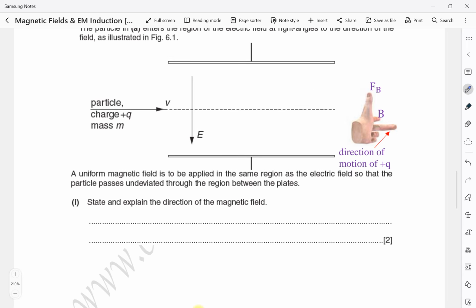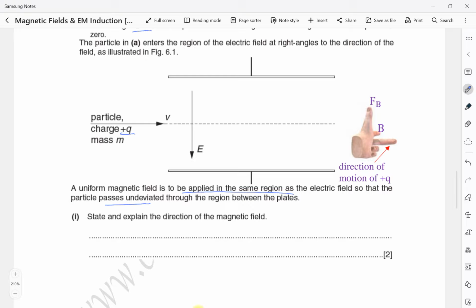A uniform magnetic field is to be applied in the same region as the electric field so that the particle passes undeviated. So the particle is positive and the electric field is downwards, so the force due to the electric field is also downwards, because for a positively charged particle, the electric force is always in the same direction as the electric field. State and explain the direction of the magnetic field.